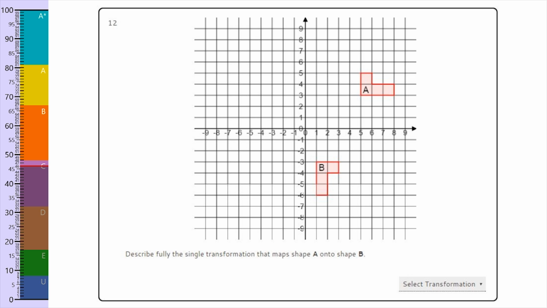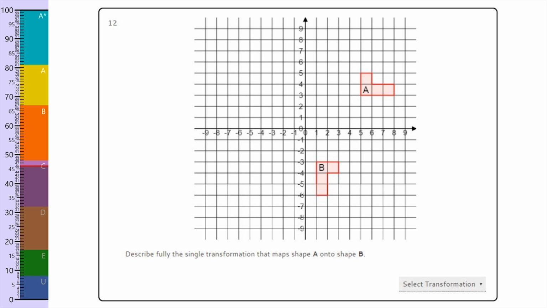So that's only going to be 2 marks, 1 for saying reflection and 1 for saying the equation of the line. For translation, you're only going to be asked for the word translation and how far up and right it is.